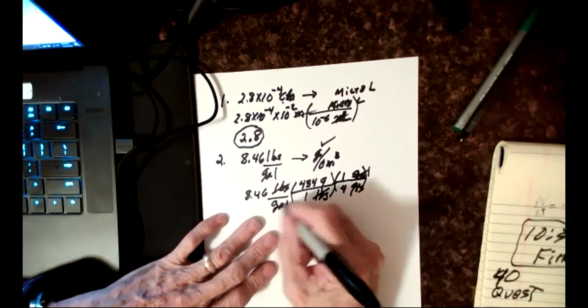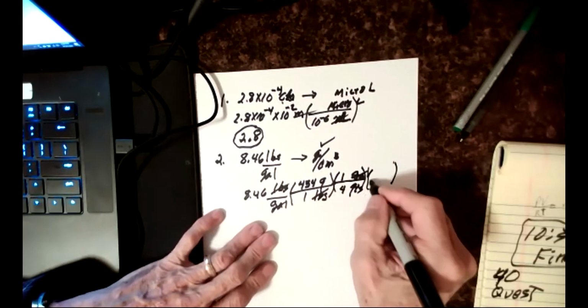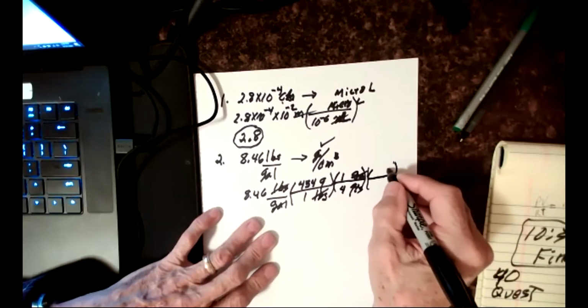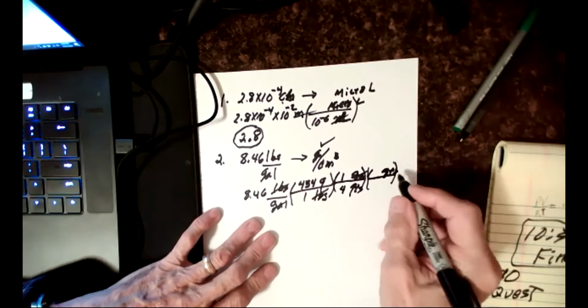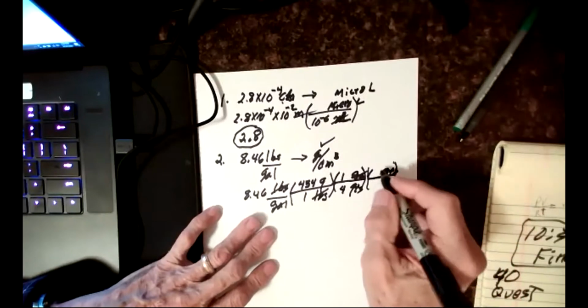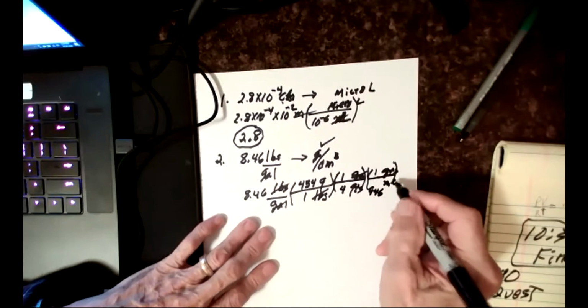Now that's got rid of gallons. Now I want to go from quarts to milliliters, because that's the factor I remember. 1 quart is 946 milliliters.